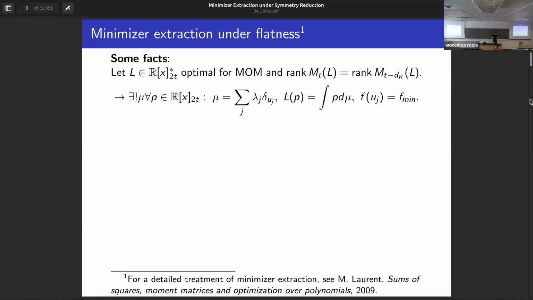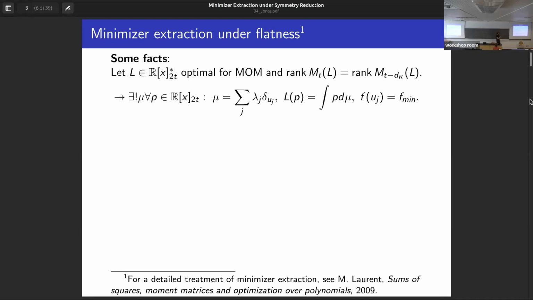Suppose you solve your moment relaxation at a level t, and suppose that the rank stability, the flatness condition, holds. Then a couple of things happen. What you can infer from this is that there exists a measure mu, and this measure mu is finitely atomic. So you have these Dirac measures, which only put weight into the points u_j, and your mu is just a finite convex combination of these Dirac measures.